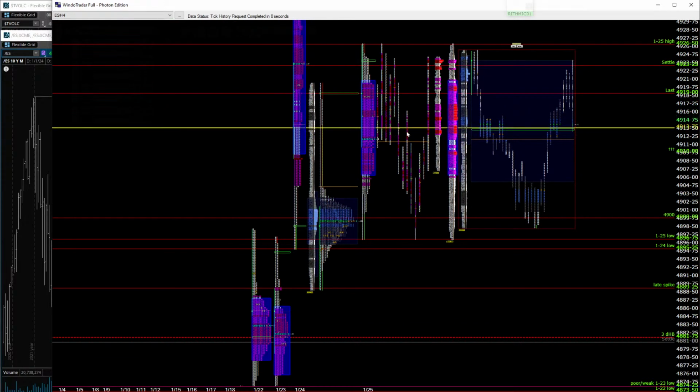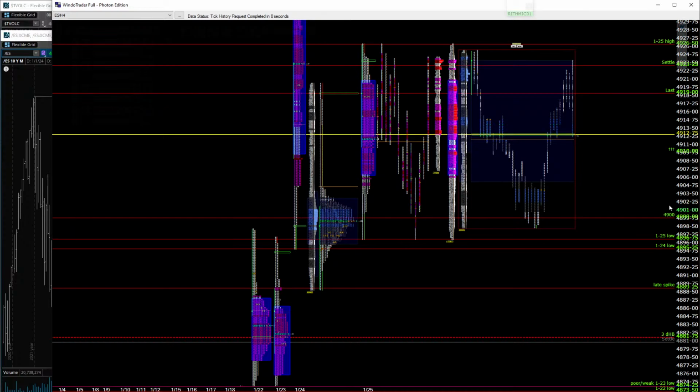I thought there could be something to the downside, but I think what was supporting this market was the 4900 here. What does the 4900 have? Nothing. It's just a number here. But you can see clearly that it is support, resistance.